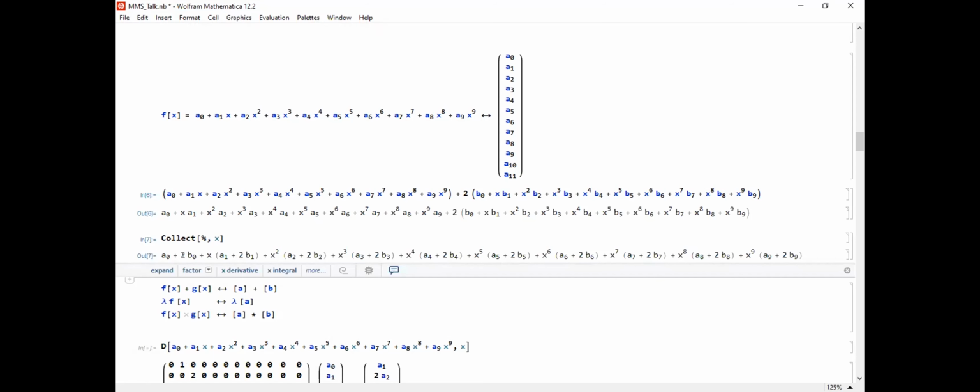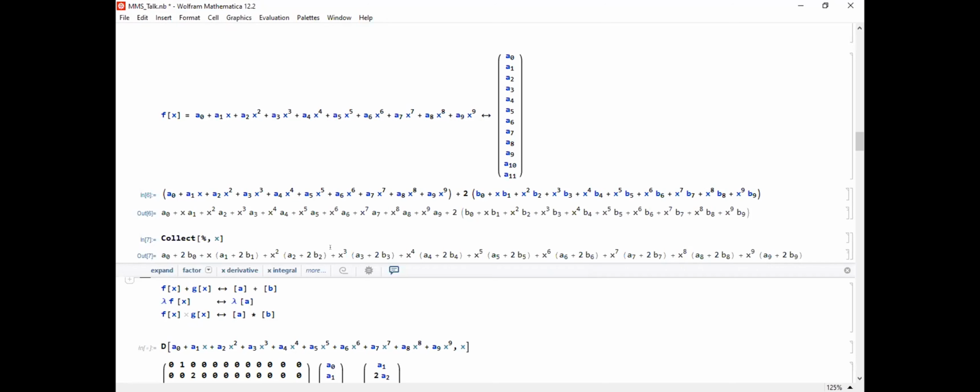And what's happening here is that the column vector representing f plus 2g is exactly the same as what you would get if you take the vector representing f plus twice the vector representing g. So it's not just a convenient way of writing a function. What happens to the vectors relates precisely to what happens to the functions.